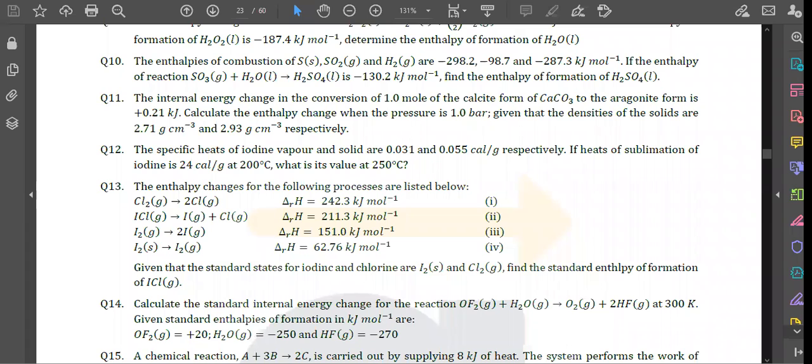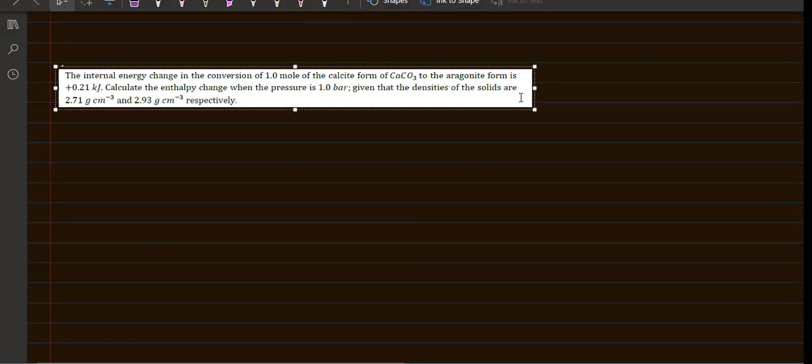Now, question 11, anyone had doubt in question 11? I guess someone had doubt. Let's see question 11. Everyone go through question 11.